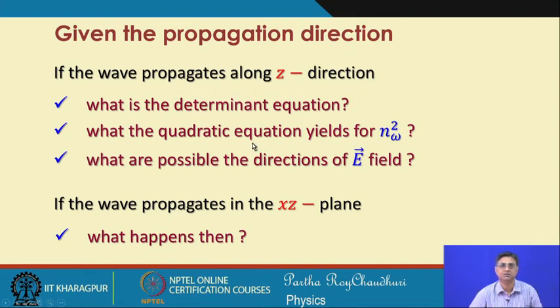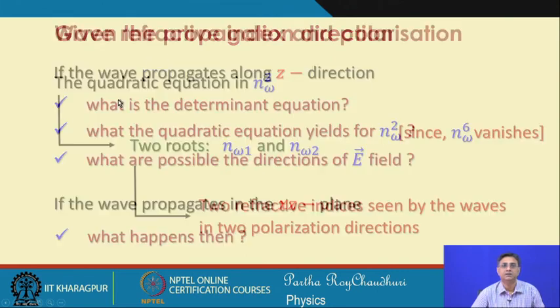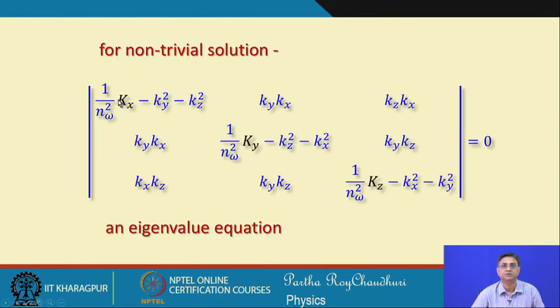If we consider this situation, then with this determinant equation we should be able to obtain the n omega values, because this characteristic equation, the eigenvalue equation, should tell me that there will be two n omega values, two wave refractive indices associated with any direction of propagation of the electromagnetic waves in the medium.